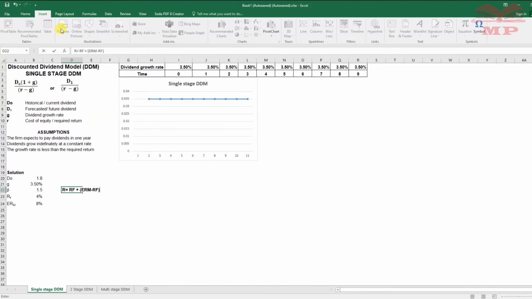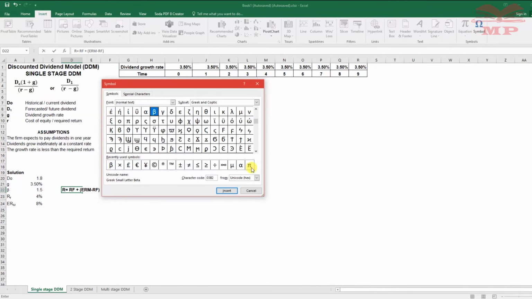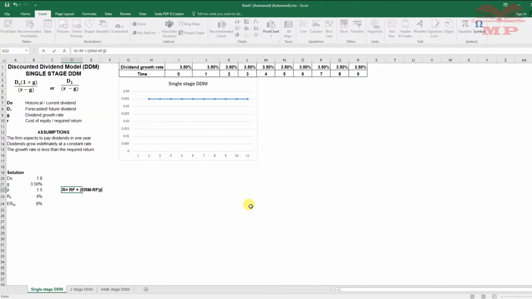So we just come back to Insert Symbol over here. So the keyword there is Insert Symbol, like that, and then you select the beta right over there. So you just insert that over there, then you close that. So that is the formula over here. This is the CAPM formula, CAPM.